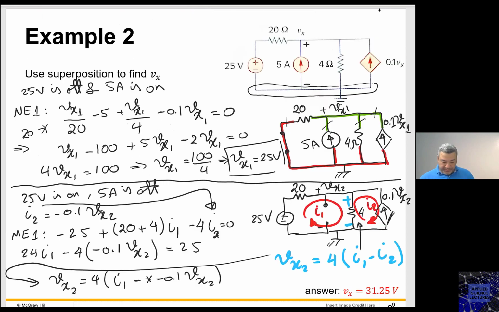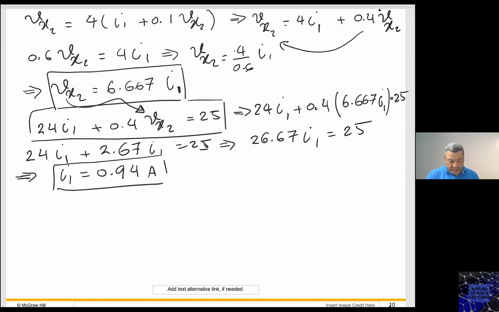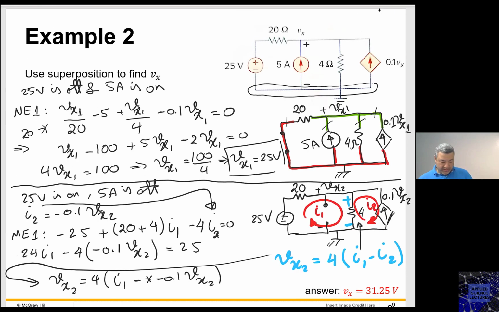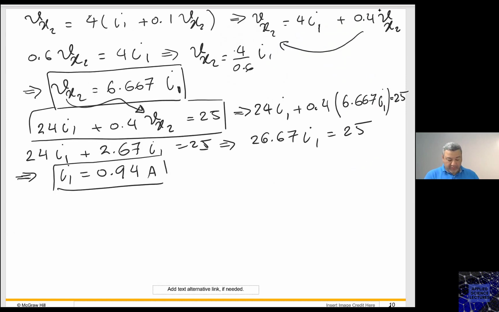Back to here. We found I1. We need to find I2. What is the relationship between I2 and I1? Okay, so we can find Vx2 right away from I1.